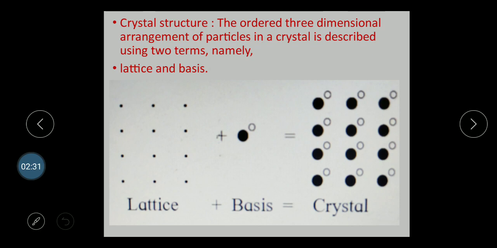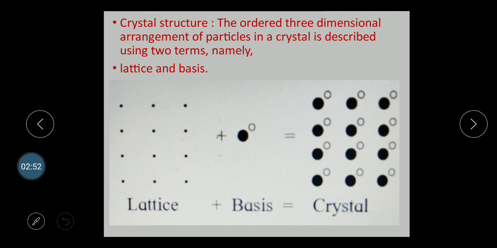So the hooks I can resemble with the lattice points, the stars are nothing but my basis, and together we can call it a crystal, isn't it? So a nice crystal structure has been formed.